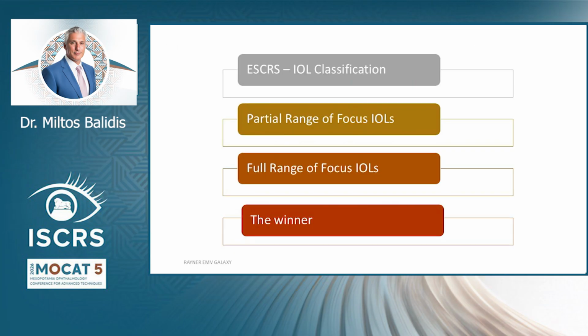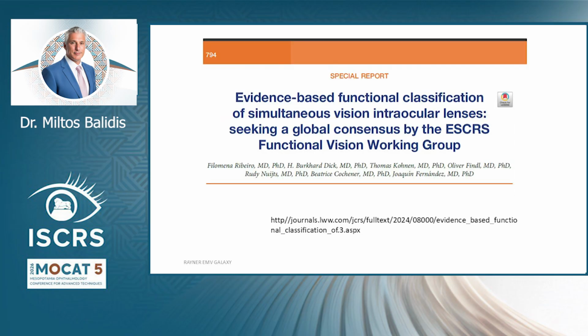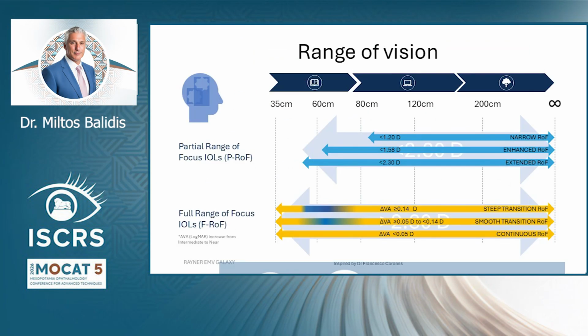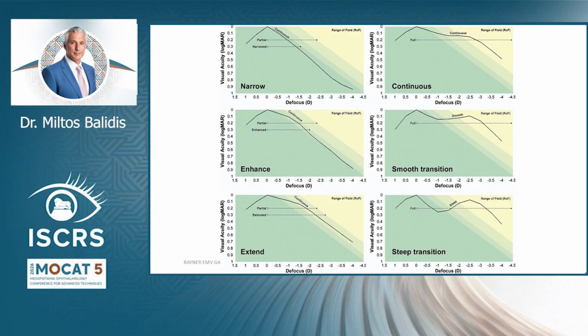I'm not talking about any different thing than the terminology used by the ESCRS. Go back to the full range of focus, and in this particular group, we are putting all the lenses which can give you more than 2.5 diopters of clear vision in the defocus curve. So clear vision from distance up to 40 centimeters. Now, here we have the steep transition, what we used to call bifocals.